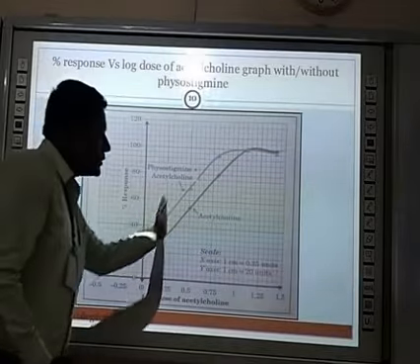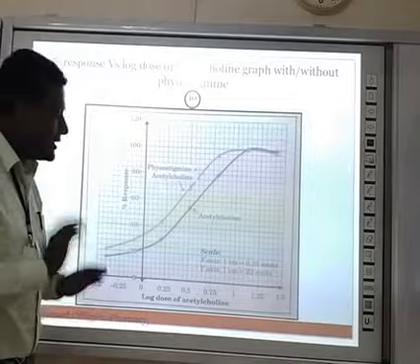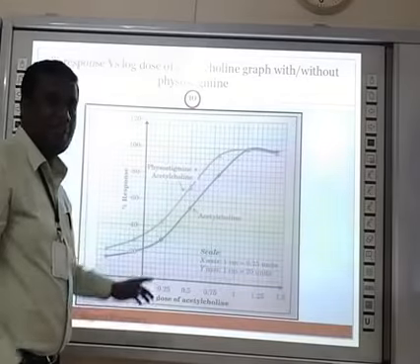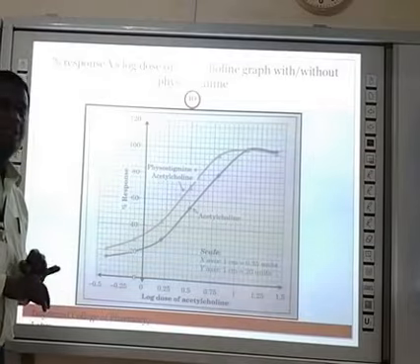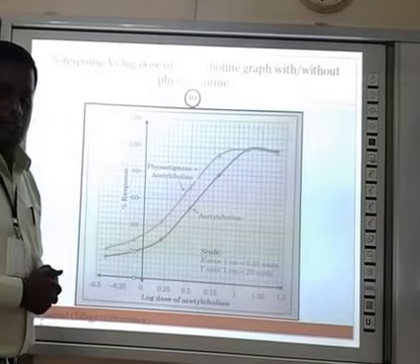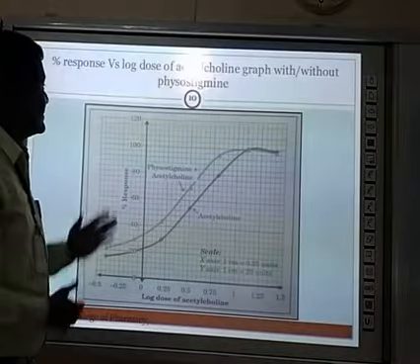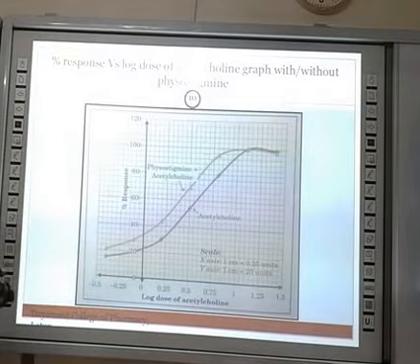If the graph shifted towards the right side, then it decreases the action. But here the graph is shifted to the left, meaning physostigmine shows a potentiation effect with acetylcholine by blocking the enzyme cholinesterase. So this is the graph of percent response versus log dose.